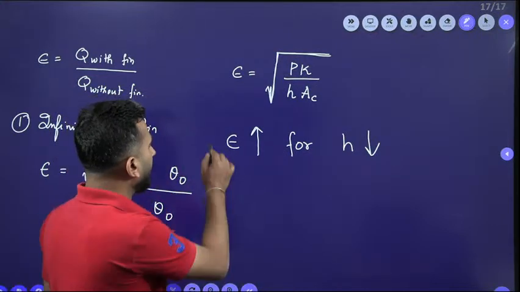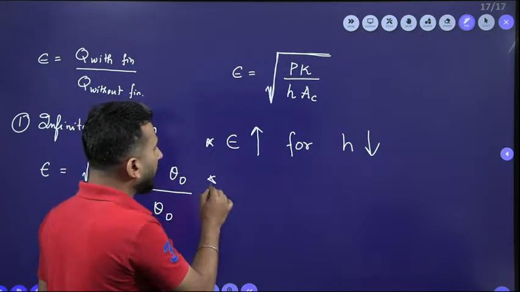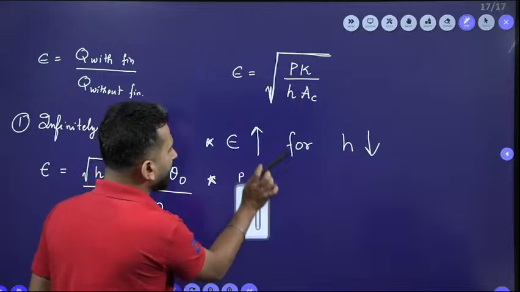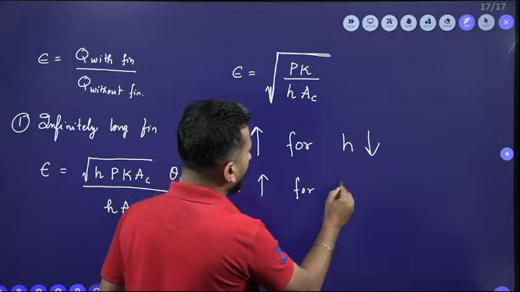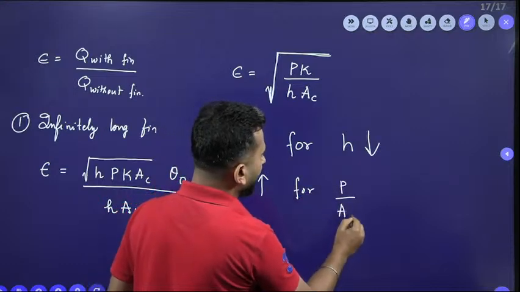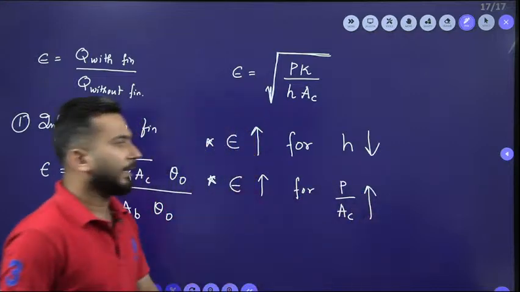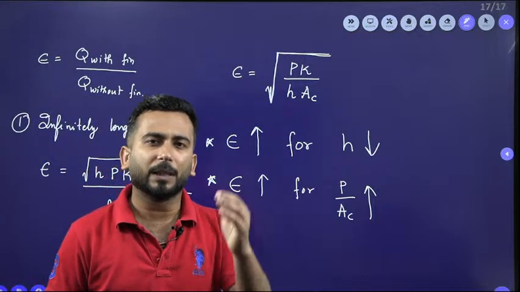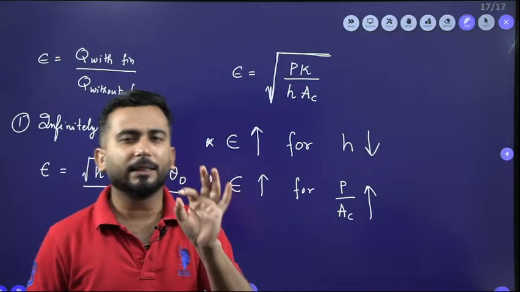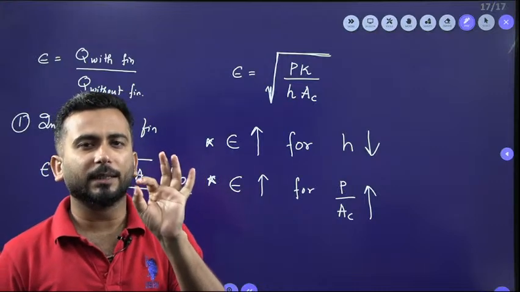Number one. Number two, this effectiveness is higher if P by A_C is high. P by A_C depends on the size of the fin. Perimeter by area refers to the thinness, the size of the fin.